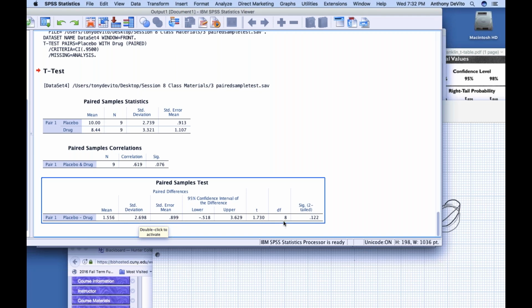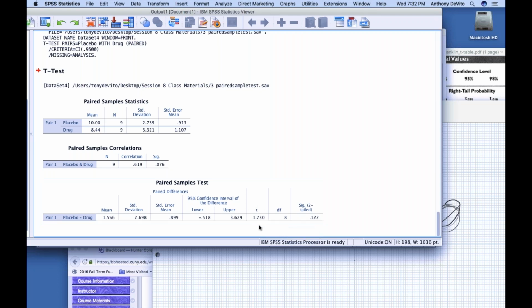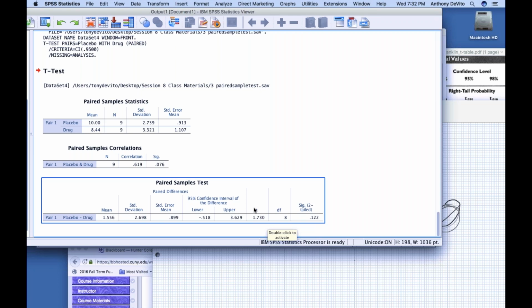So we know that the critical value of t for a sample size of 9, 8 degrees of freedom, is 2.306, 2.3 in other words. The t we calculated is only 1.7.